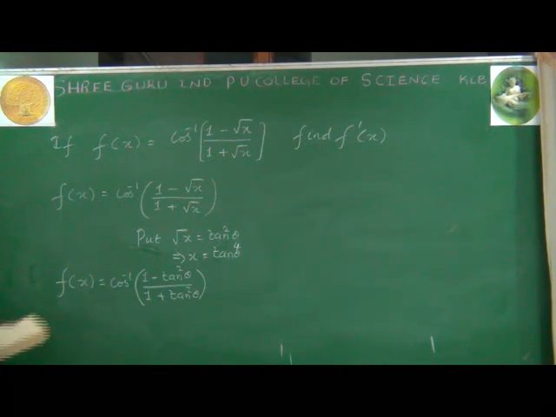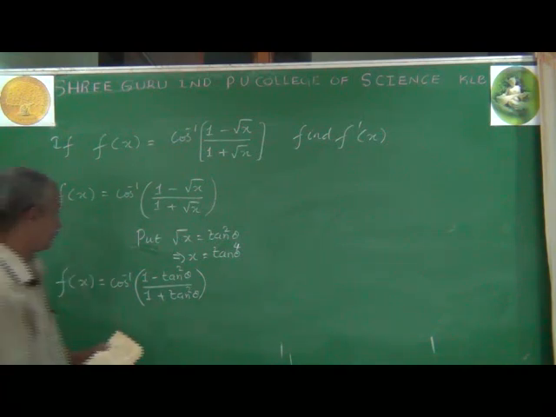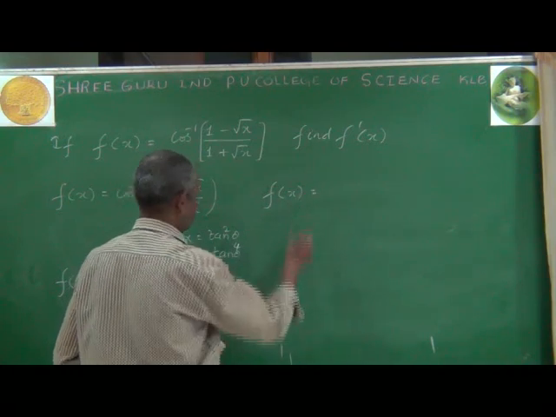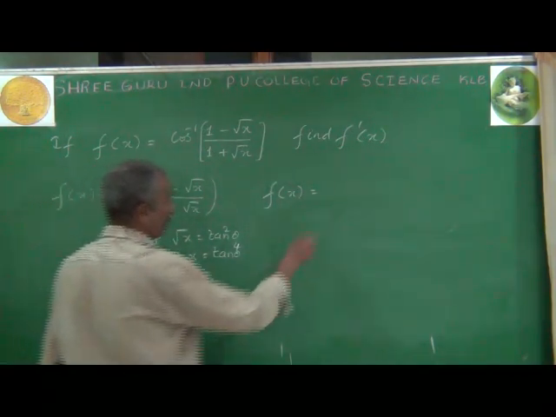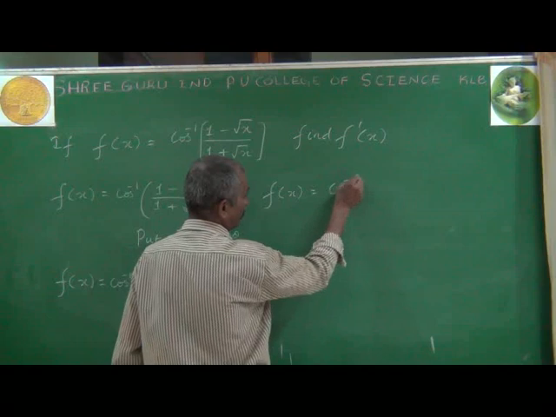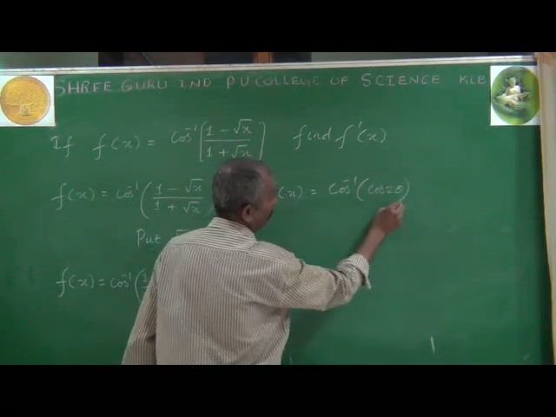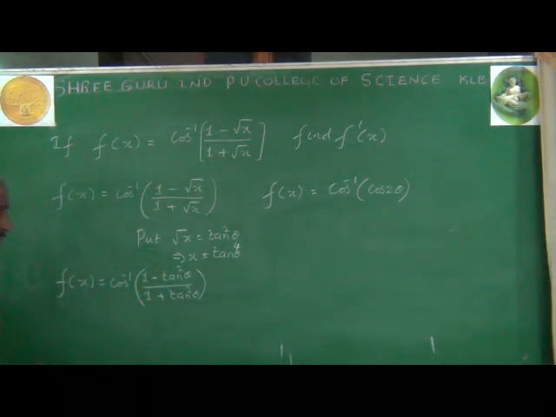From trigonometry, (1 minus tan square theta) by (1 plus tan square theta) is cos 2 theta. So f of x equals cos inverse of cos 2 theta. That is the standard formula.